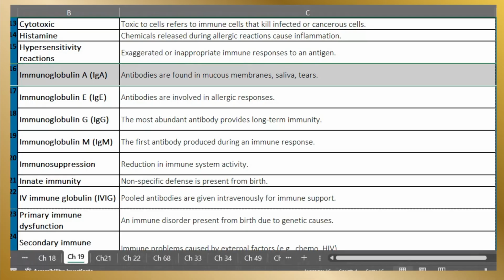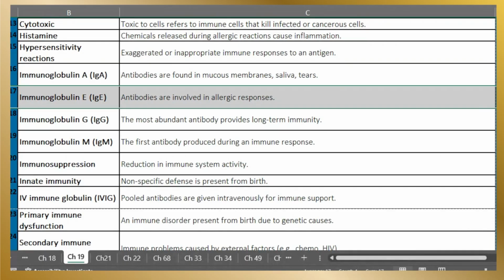So these antibodies are found in mucous membranes, saliva, tears. So IgA, it's areas with secretion like the airway, saliva.